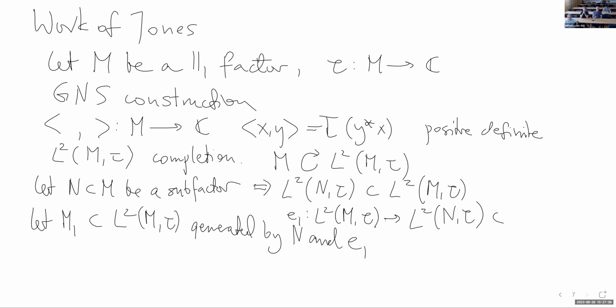Sorry, now I'm confused. L2 is a Hilbert space, yes? Yeah, it's not here. It's an algebra of operators. So let's act. B of L2, maybe. That's right, that belongs to B of L2M tau. So M1 is an algebra of bounded operators here, which is generated by N and E1.